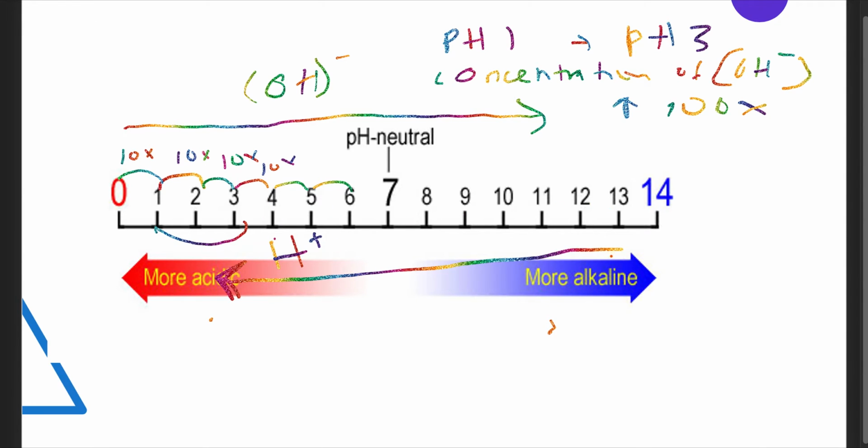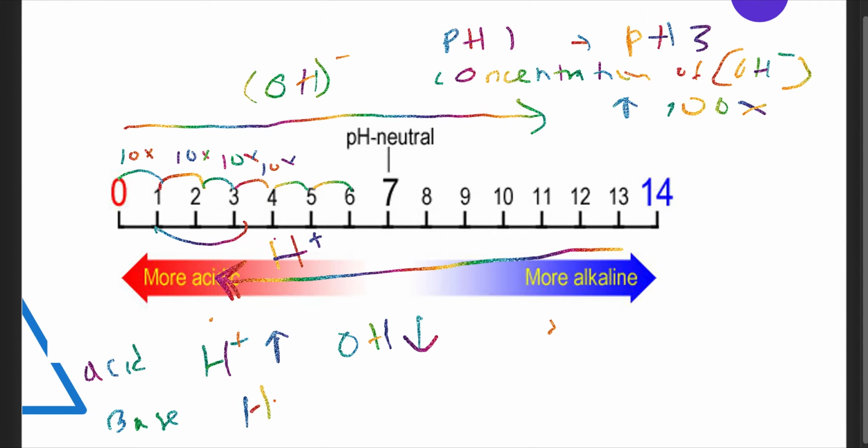As you become more of an acid, going this way, hydrogen concentration increases, hydroxide decreases. For a base, hydrogen concentration decreases, hydroxide concentration increases.